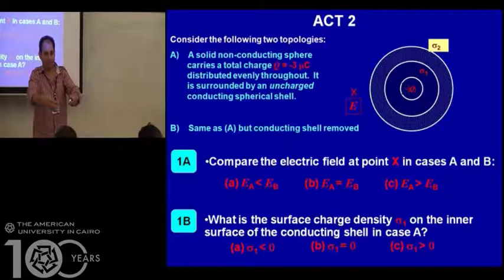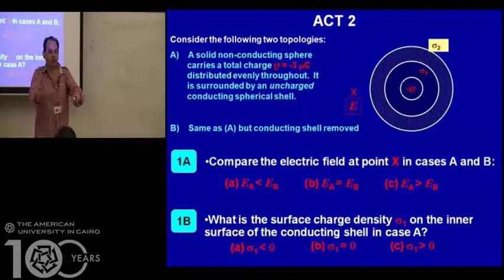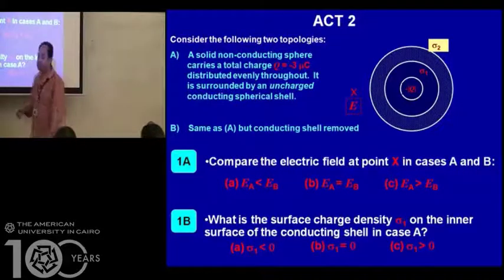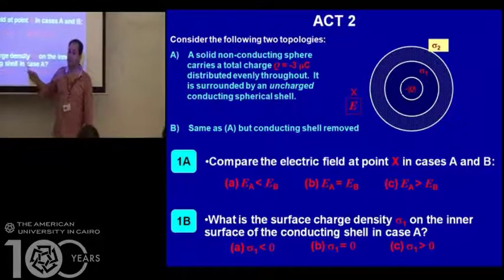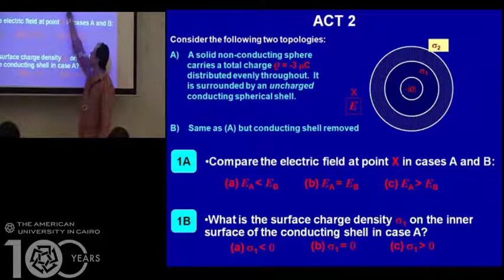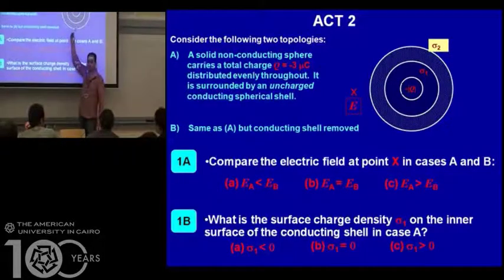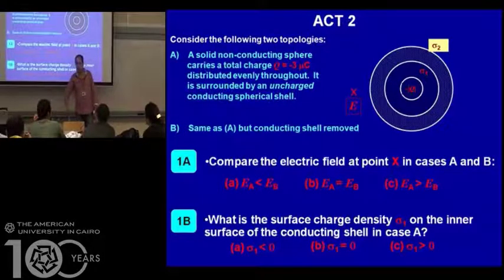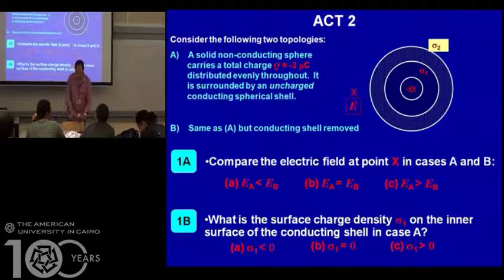Which one of them is non-conducting, the shell or the sphere? The sphere itself is non-conducting, while the shell is conducting.